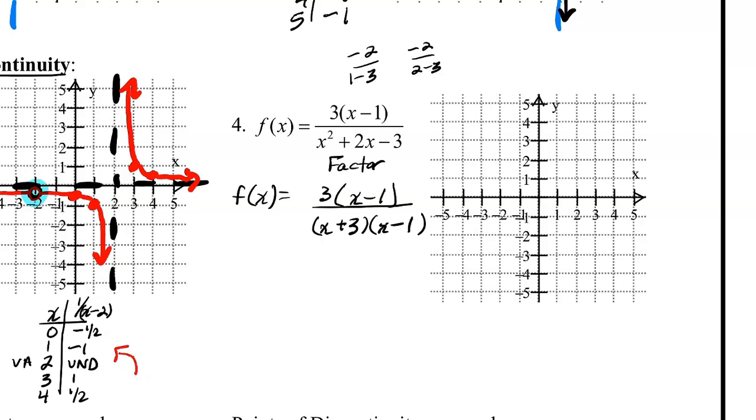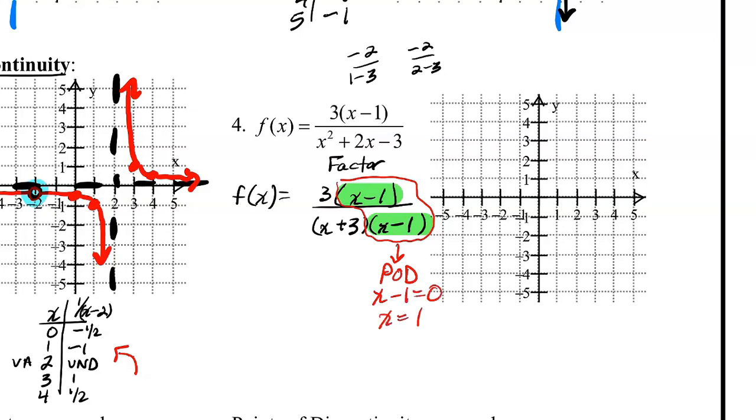So notice again, the brand new part of this lesson is since this x minus 1 factor can divide out, that's going to be the location of the point of discontinuity, POD. So x minus 1 set equal to 0 gives you x equals 1.